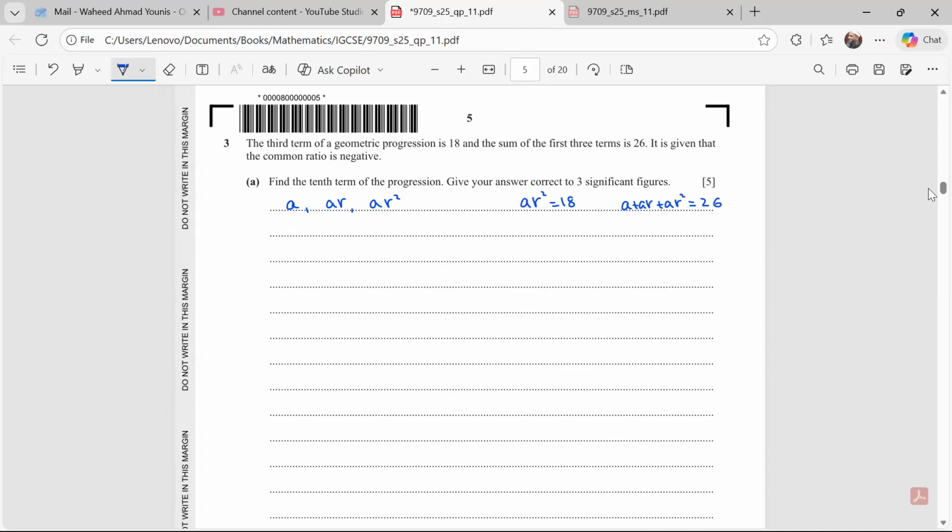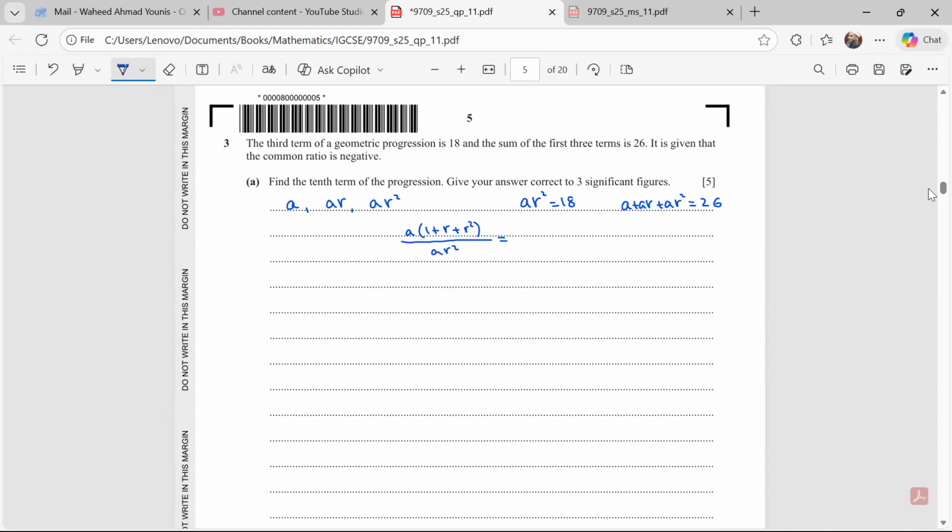Now I have two equations and two unknowns, A and R, right? So I need to find both of these values. What I will do is take A common outside. So it's going to be A(1 plus R plus R square), and I will divide it by the other equation, AR square.